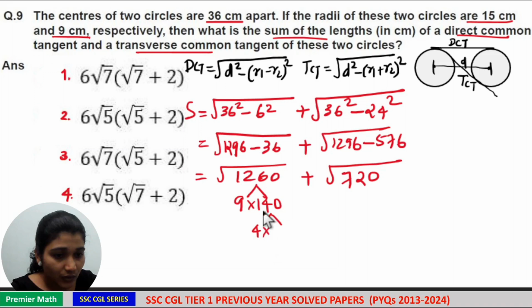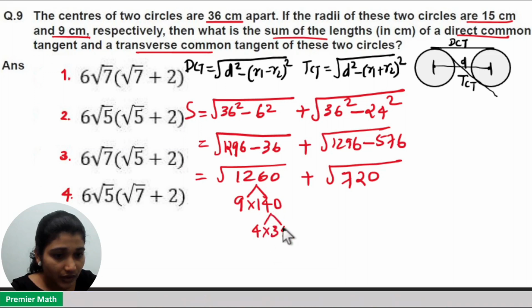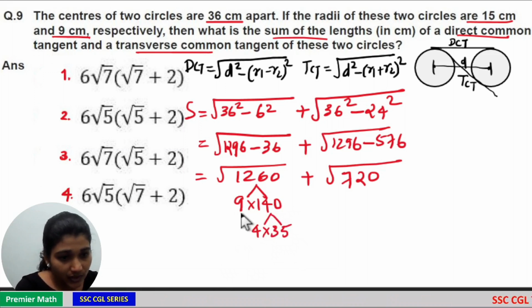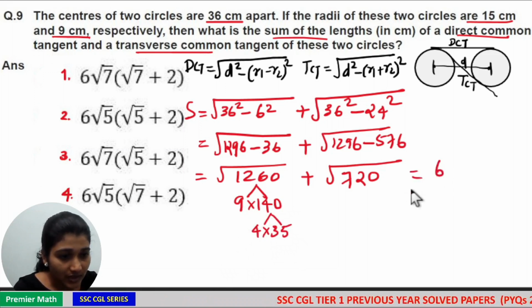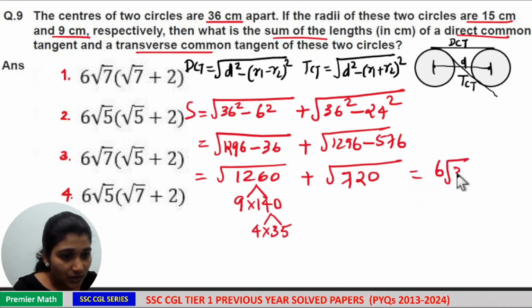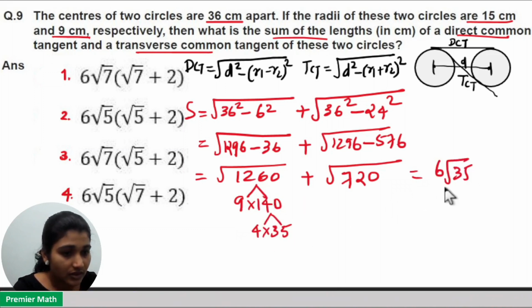I can split it as 4 into 4 goes 3 times in 12, 5 times in 24, 5 times in 20. So here 9 into 4 is 36. Root 36 is equal to 6. So remaining is 35. So 6 root 35 is root 1260.